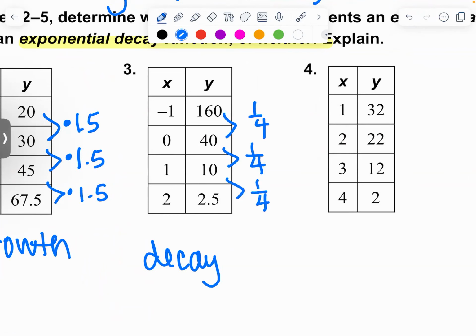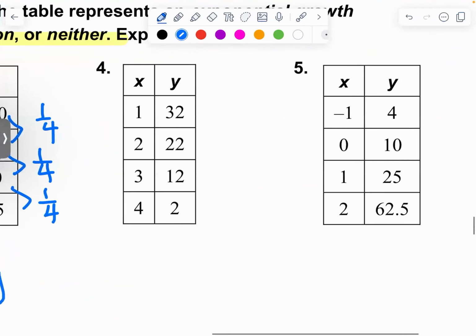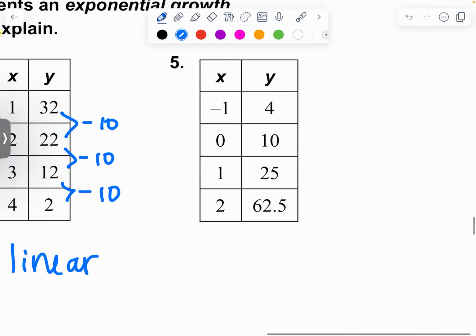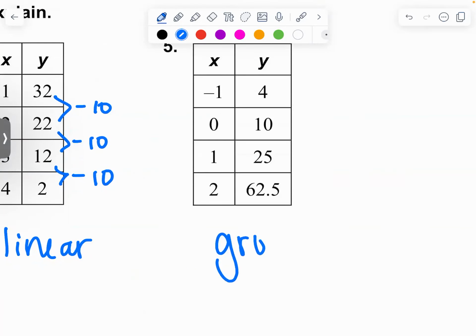Drew, number 4. We are subtracting by 10, so this is a linear function. Eli, what about number 5? What are we multiplying by? 2.5. We're multiplying by 2.5 each time.